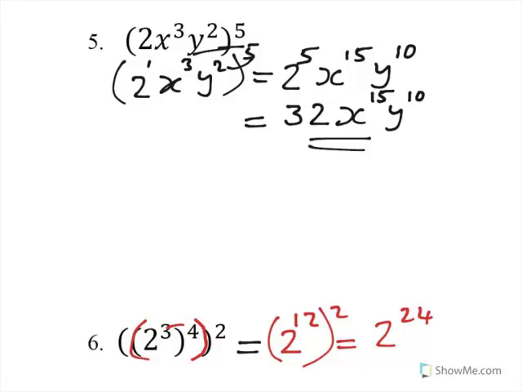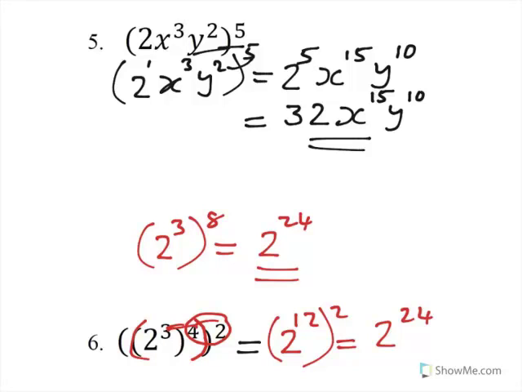Okay? 3 times 4 is 12, times 2 is 24. You could have done it as 2 cubed to the power of 4 times 2 is 8. And then multiply 3 by 8 and you get 2 to the 24. So it works either way.